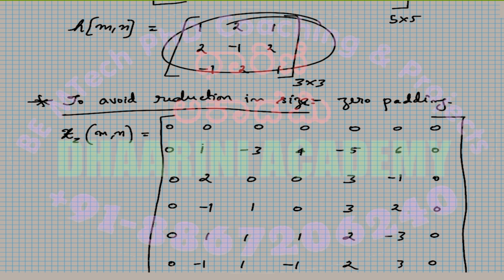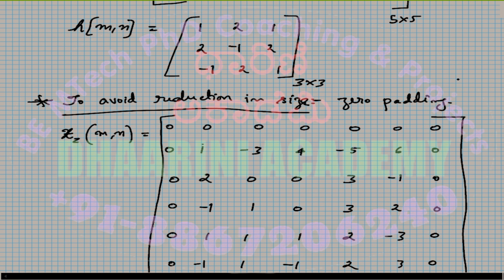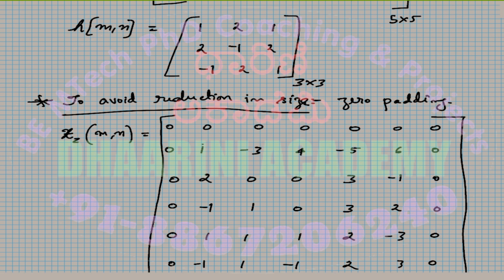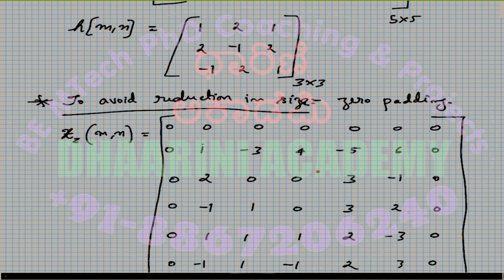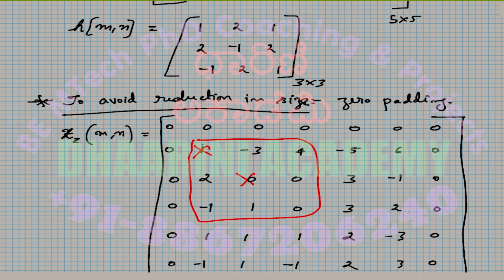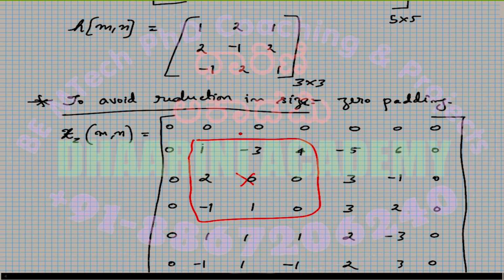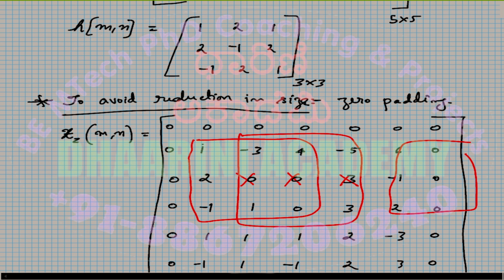In the previous case, when you solve this problem without zero padding, you actually start from here, so your result is coming at this location, at the center. Now, when you shift it to the right, you get a result here, and you don't get a result here because there is no overlapping. So you don't do this.